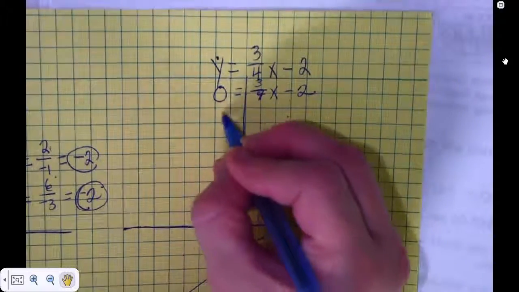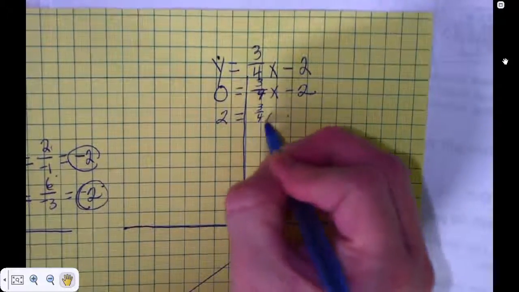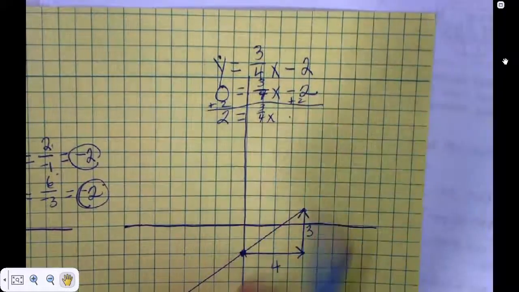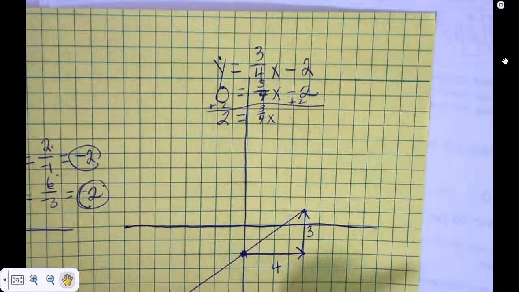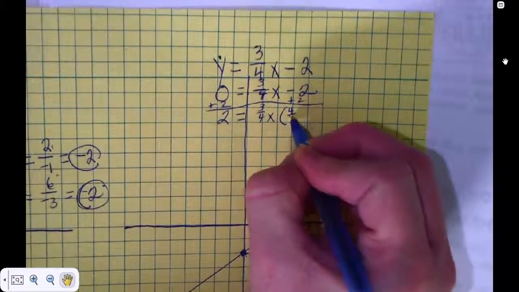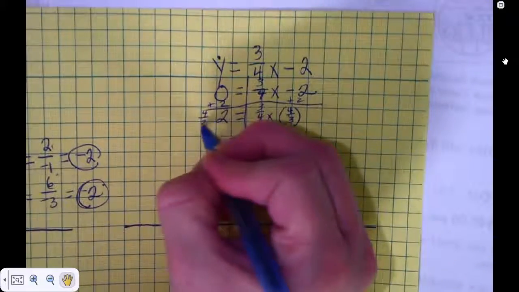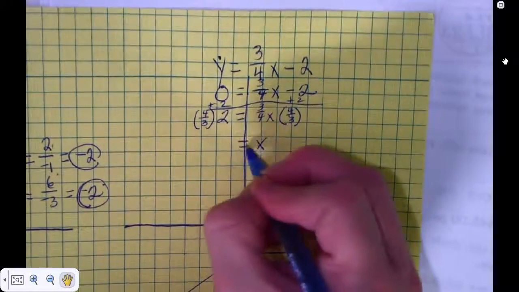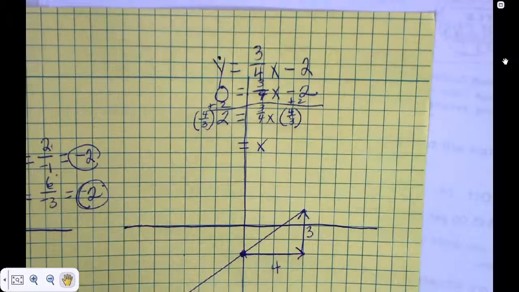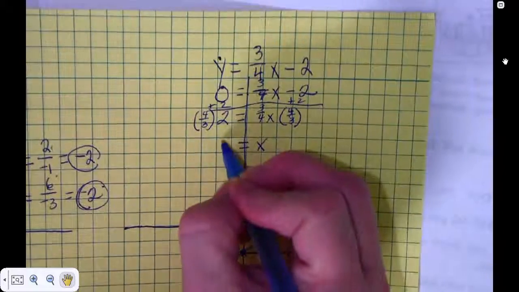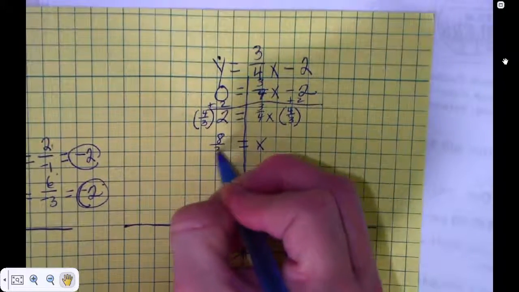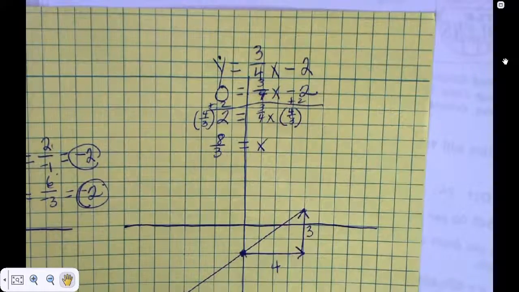So we're going to add 2. And then how do we eliminate the 3/4? Multiply by 4/3. So x equals, what's 4/3 times 2? So 8/3.